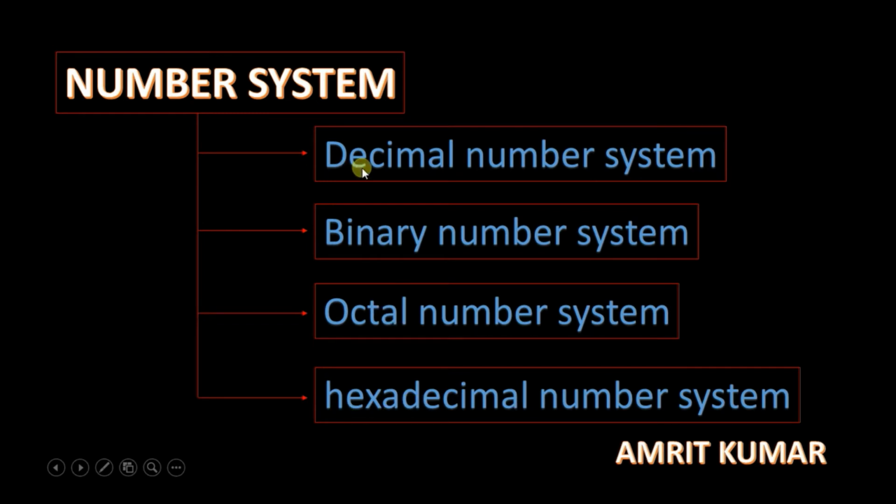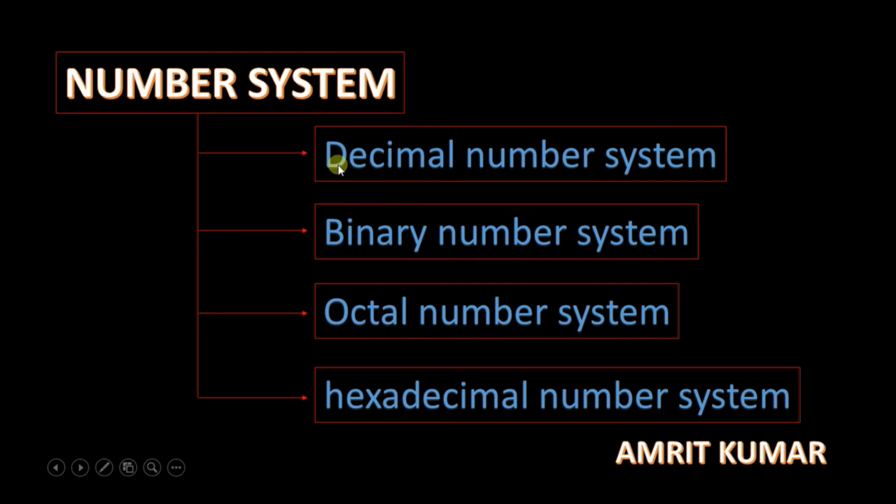After that, we learned about the conversion of different number systems. The decimal number system was converted into binary, then binary into decimal. After that, octal was converted into binary and binary into octal.